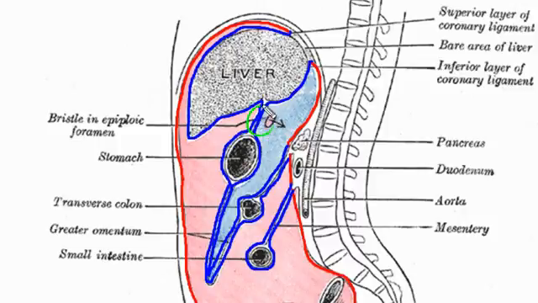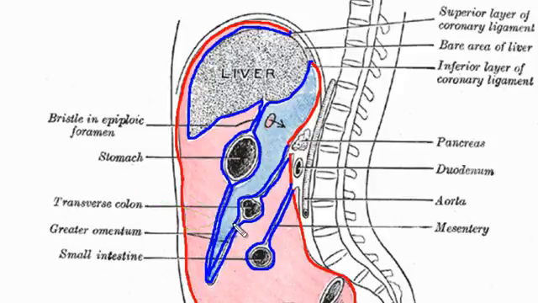This double fold of visceral peritoneum connecting the liver to the lesser curvature of the stomach is called the lesser omentum, and connecting the greater curvature of the stomach to the transverse colon is this fold of peritoneum called the greater omentum.